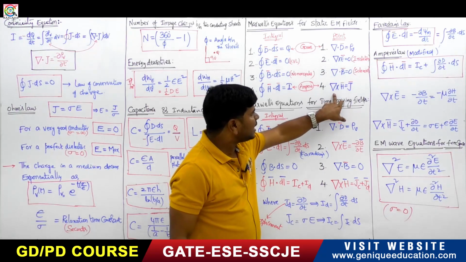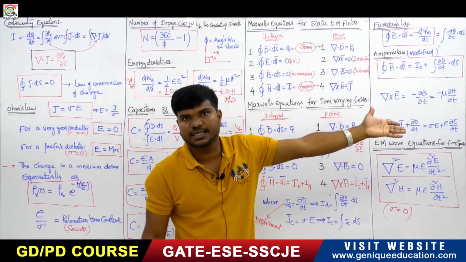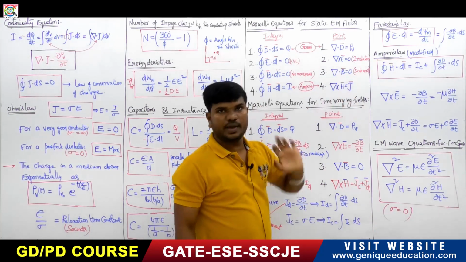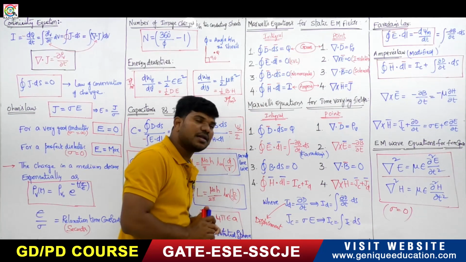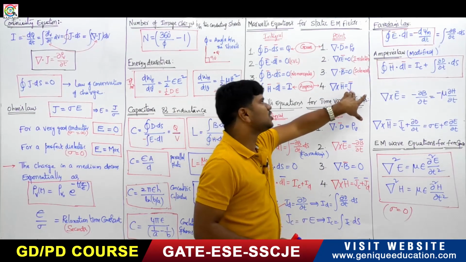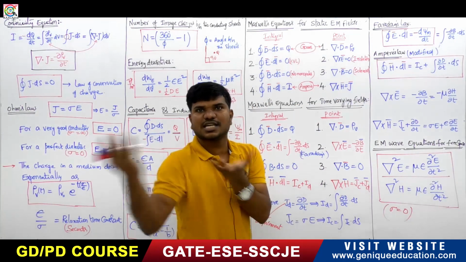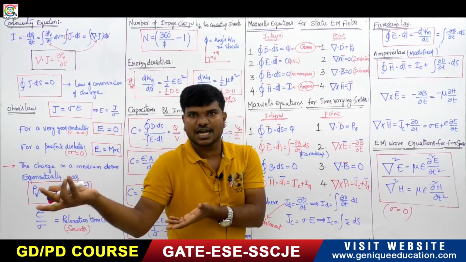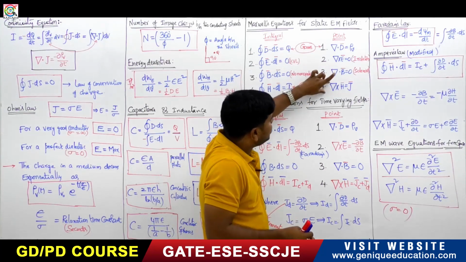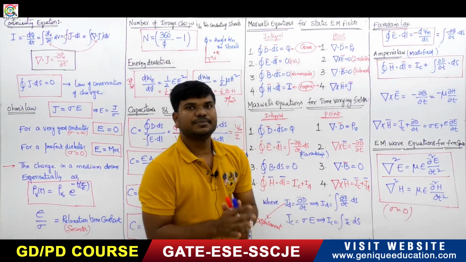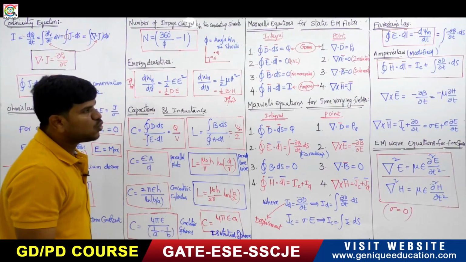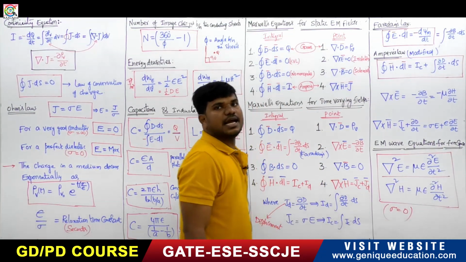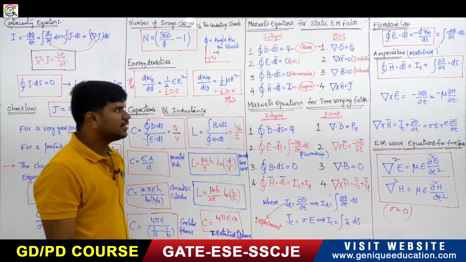So if you calculate del cross H outside the conductor, you will get 0 here, because the current density will be 0 outside the conductor. So these two are called the strengths at the cause.